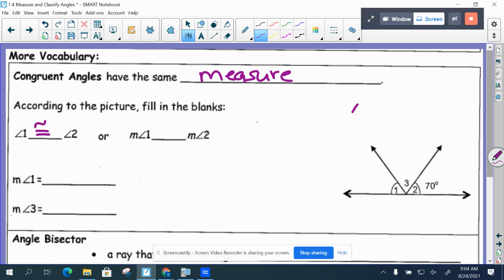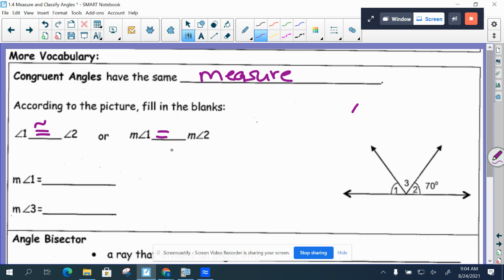Now, similar to segments, where we say segments are congruent when their lengths are equal, when I talk about the measure of angle 1 and angle 2, we say that the measure of angle 1 is equal to the measure of angle 2. I don't say that the measure of angle 1 is congruent to the measure of angle 2.